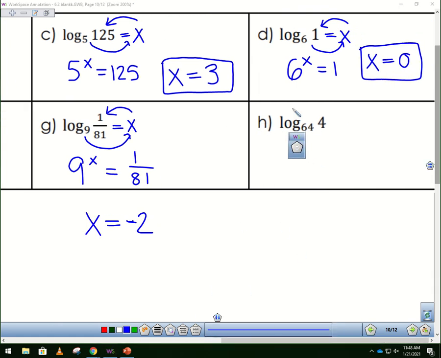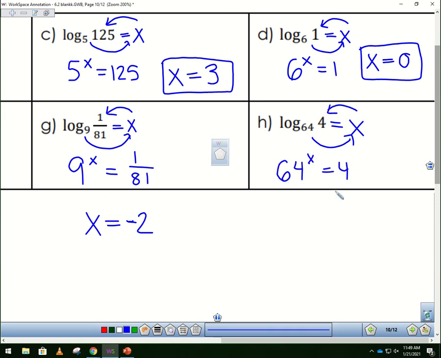And then lastly, so this one is 64 to the x power is equal to 4. This one can be a little bit tricky to figure out. So the easiest way I think to figure it out is the other way around.